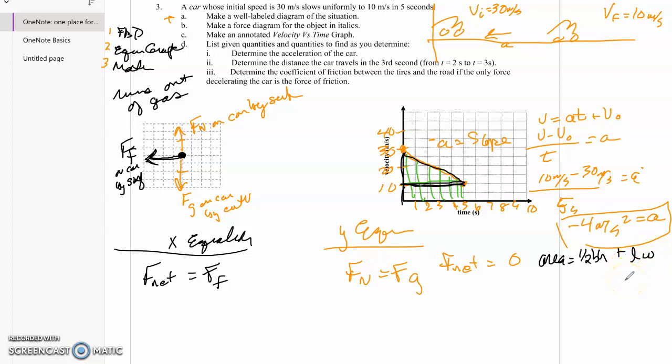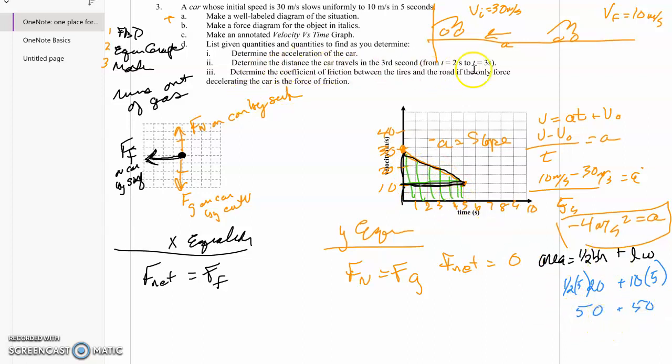So let's see, what do I think? Hold on just 1 second, get the different colored pen. Okay, guys, I was sort of finding the distance it travels for the whole 5 seconds, which ends up looking like about 100.